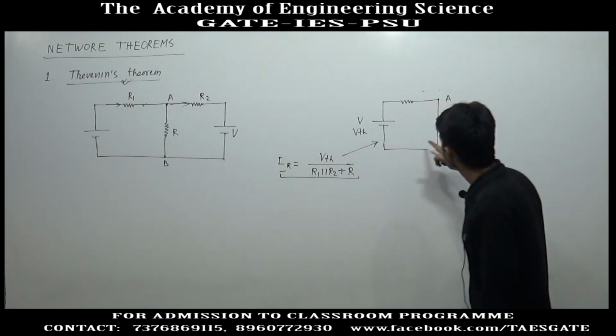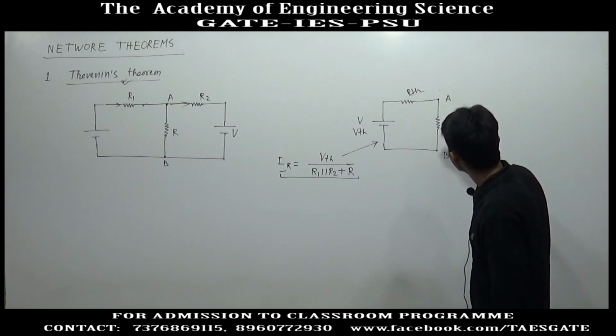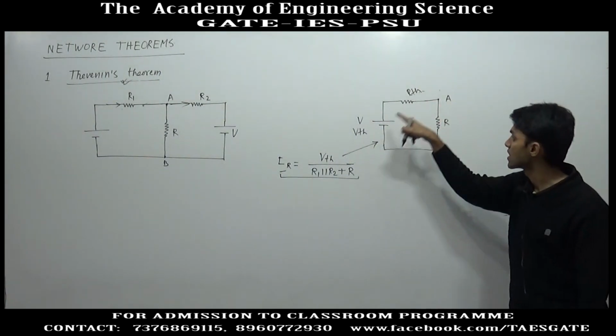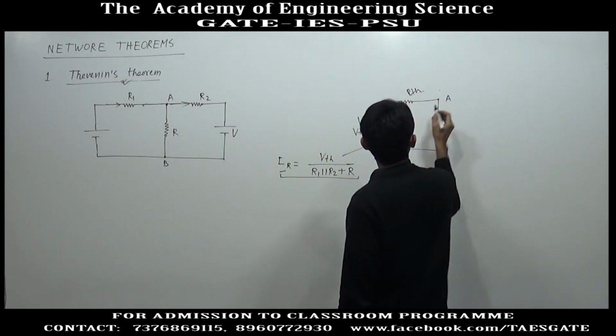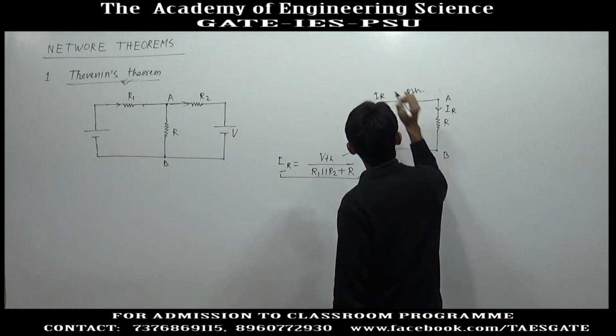You will say that the voltage source, Thevenin equivalent resistance and load resistance, all three elements are connected in series. So we can show it anywhere. This is IR and this is IR.